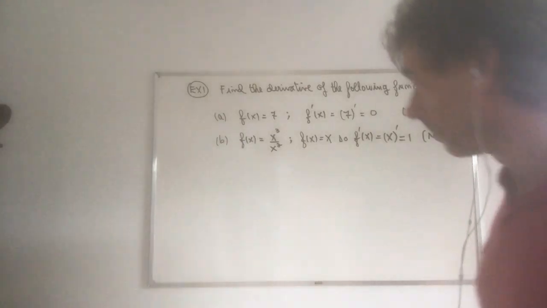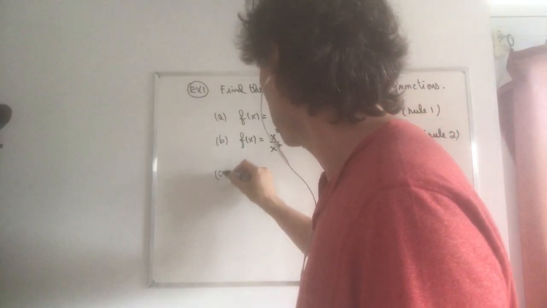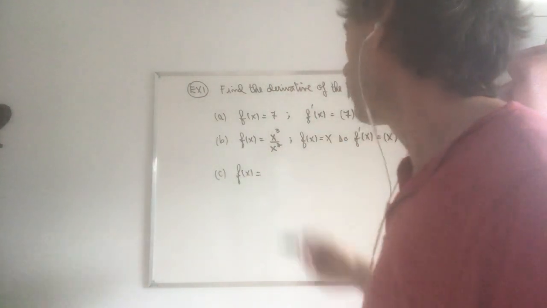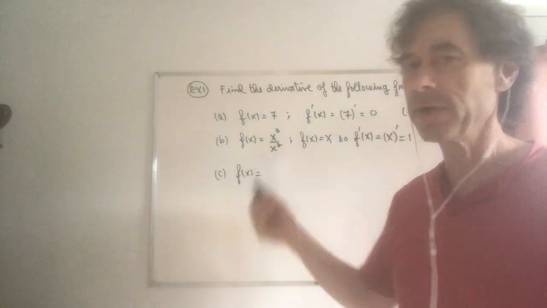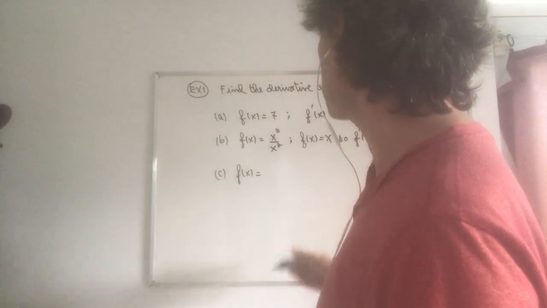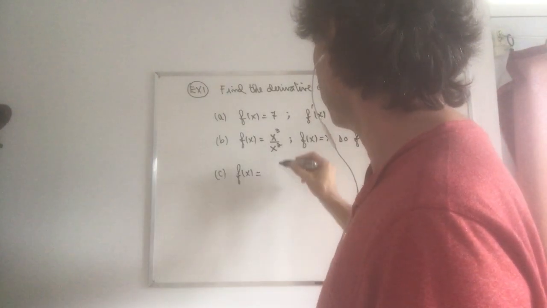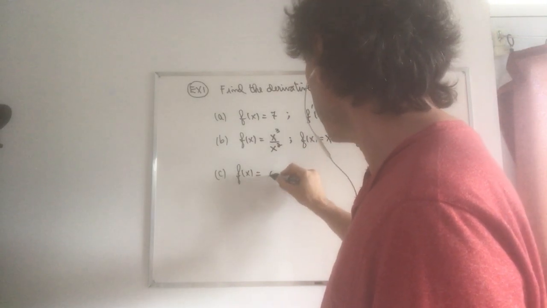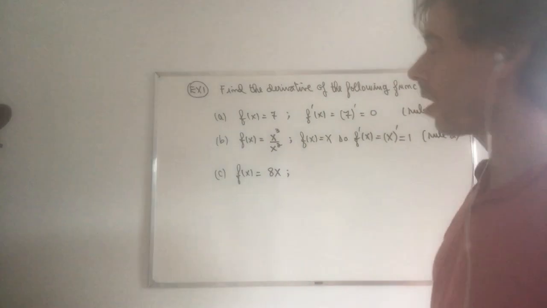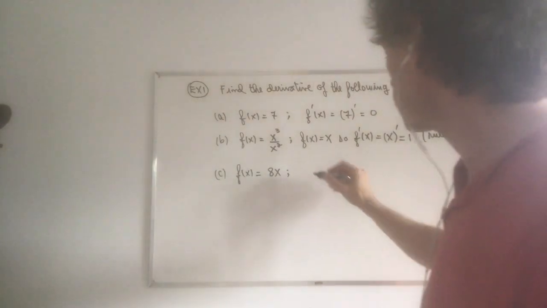And the derivative of x is 1 by rule 2. Okie dokie. What about something like this? f of x. I should change the name of f of x. I could call it g of x or h of x or whatever. I'll just get used to f of x. Let it be something like, I don't know, 8x. So a constant times x.